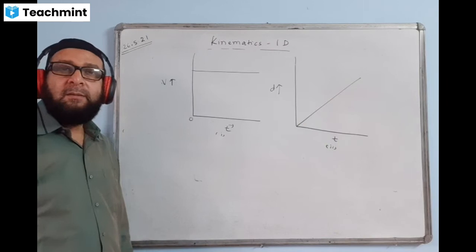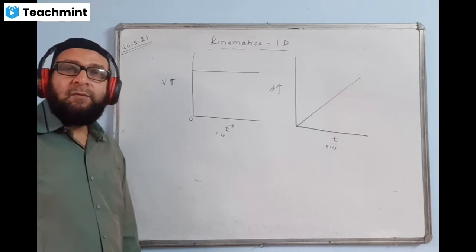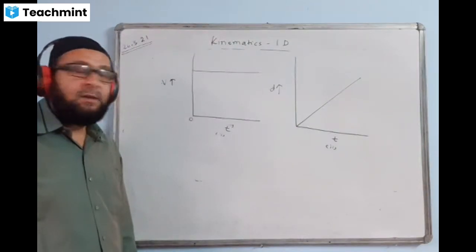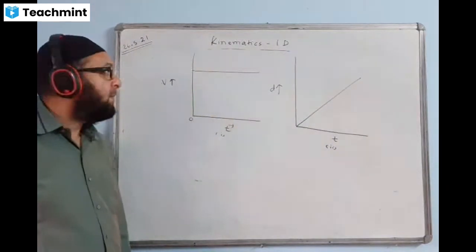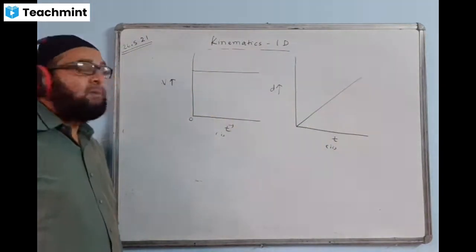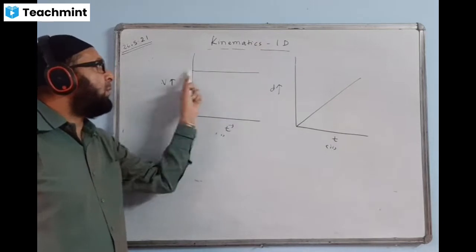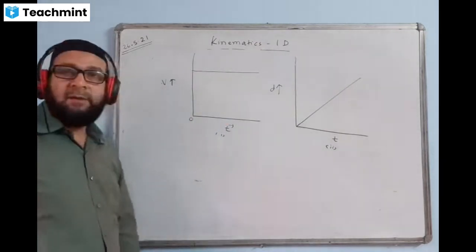The body is moving with 0 acceleration, or without any acceleration, non-accelerated motion, you can call it. Non-accelerated means without any acceleration. Or you can say the body is moving with a uniform, constant velocity, constant positive velocity, but if the same thing comes down, we say constant negative velocity.